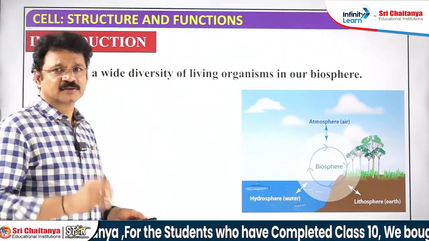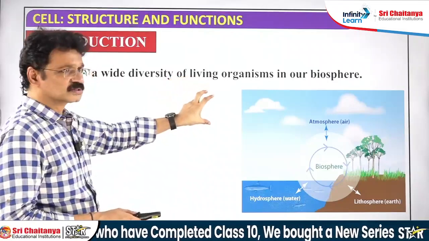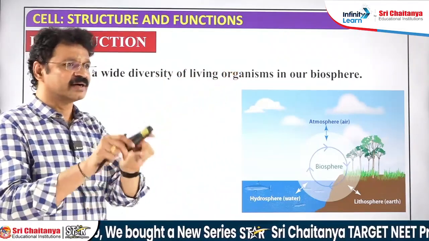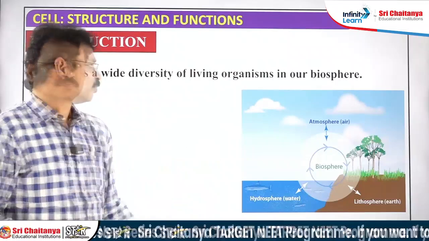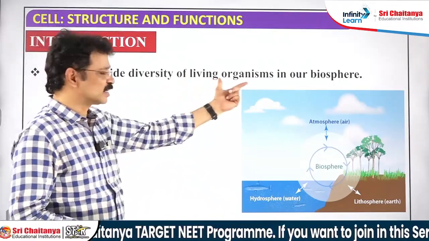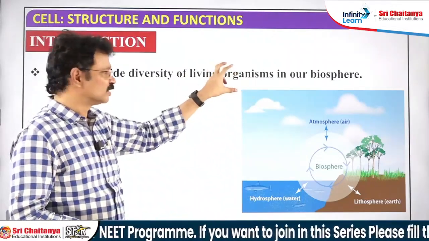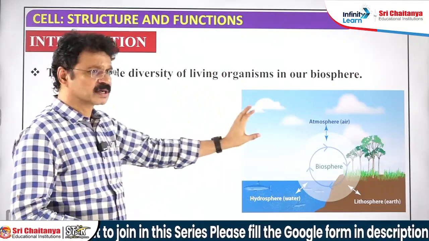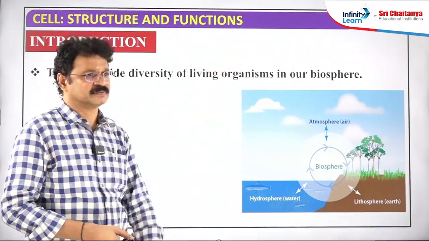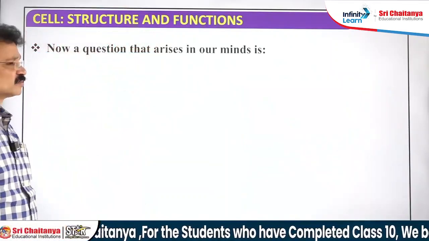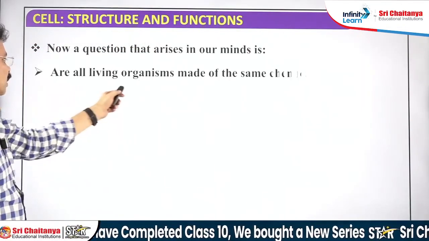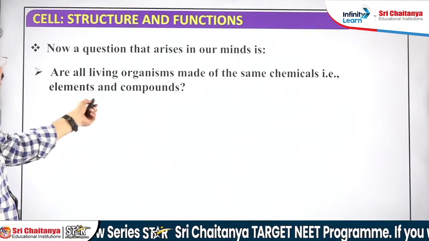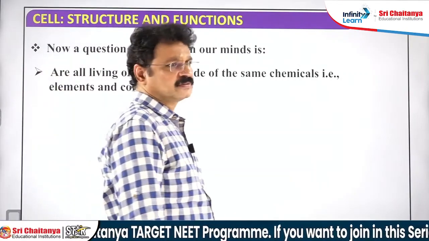But you have to think here: are the chemical compounds present in all these living organisms similar or different from organism to organism? Are all living organisms made up of the same chemicals or compounds, or different?